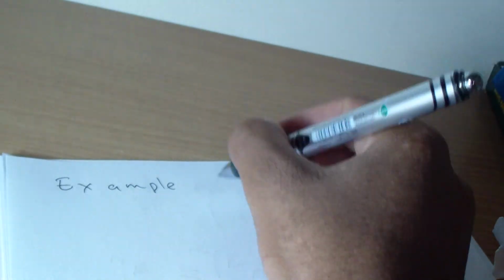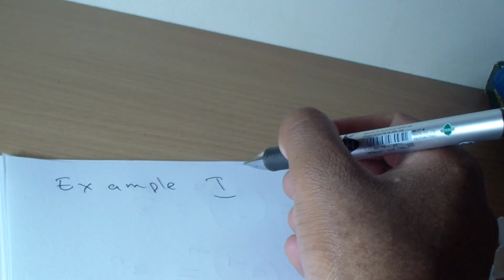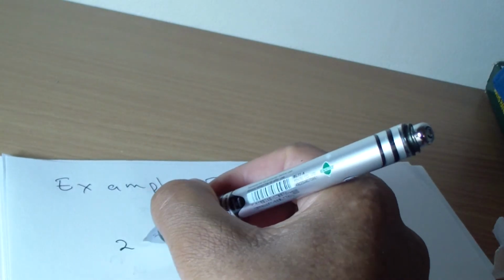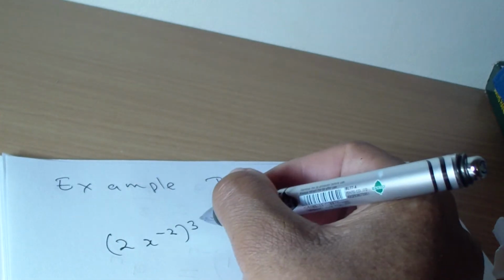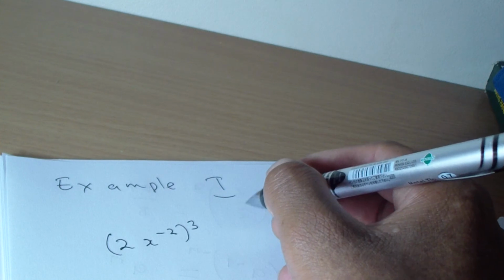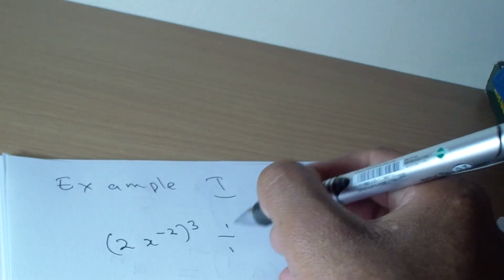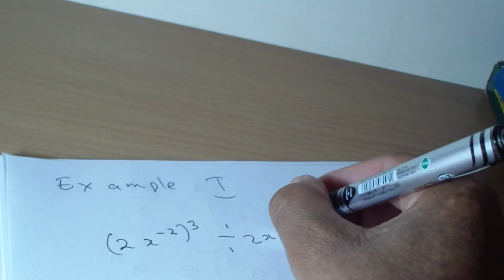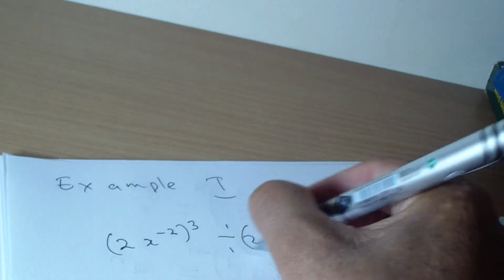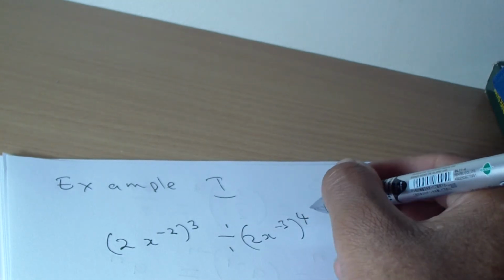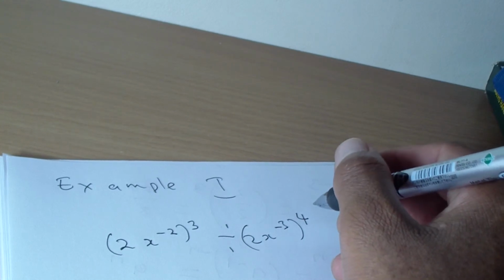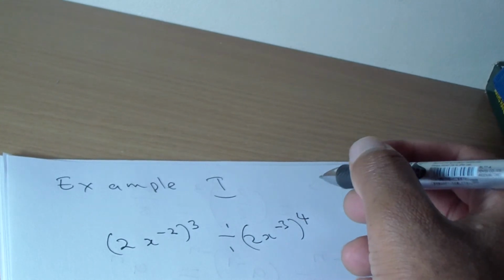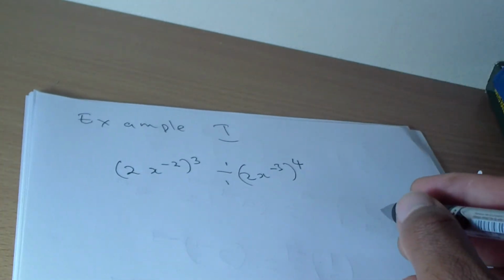This example is simply 2x to the power minus 2, raised to the power 3, divided by 2x to the power minus 3, raised to the power 4. This type of problem will come with an instruction which says simplify. So your job here is to simplify this problem.